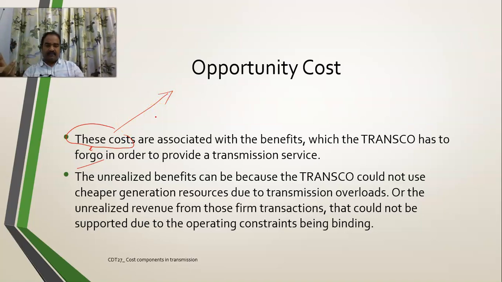Normally what happens is the Transco might have some cheaper generation resources. It might not be in a position to utilize those cheaper generation resources in order to transport or fulfill a contract. So those benefits which it is missing will be covered under opportunity costs.